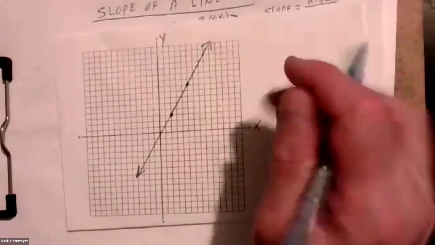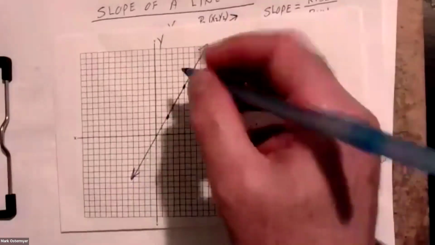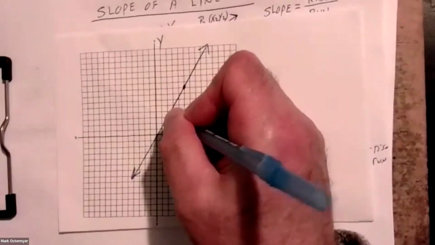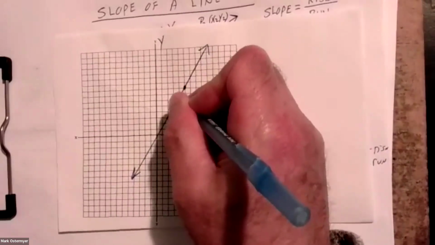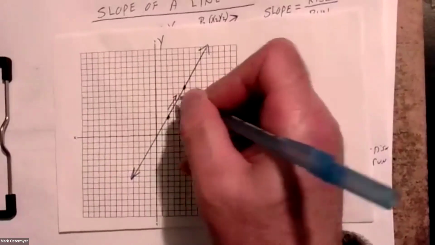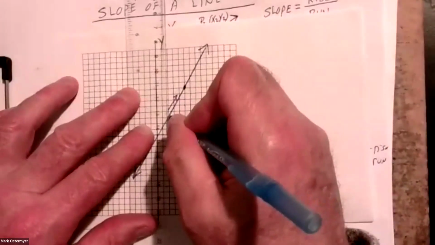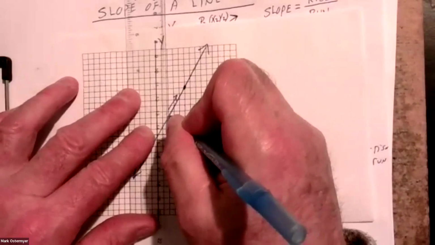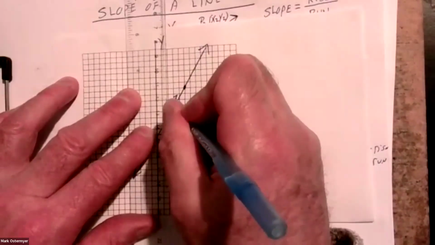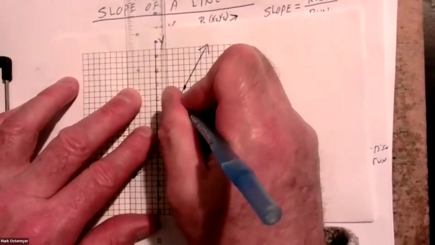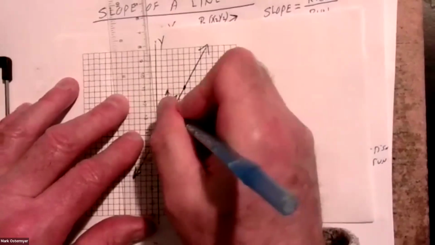Now, why is it a slope of 5/3? Suppose I start at this point and I walk from this point along the line up to this point. How much rise do I experience? My rise is going to be in the positive y direction: 1, 2, 3, 4, 5 units of rise.